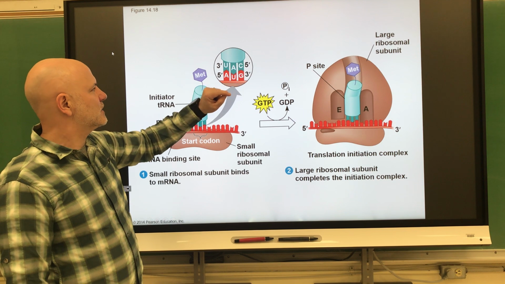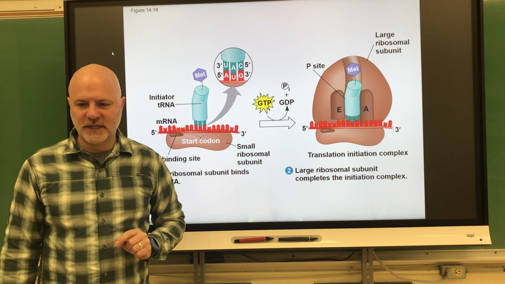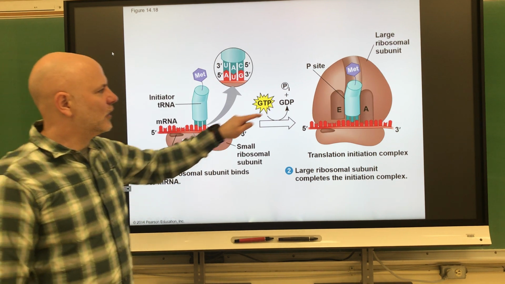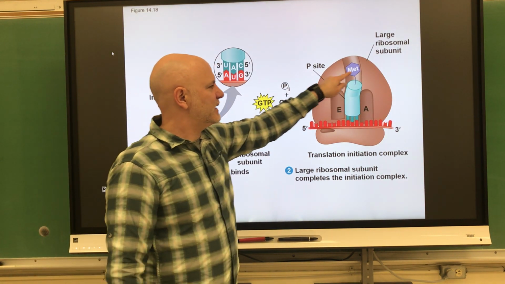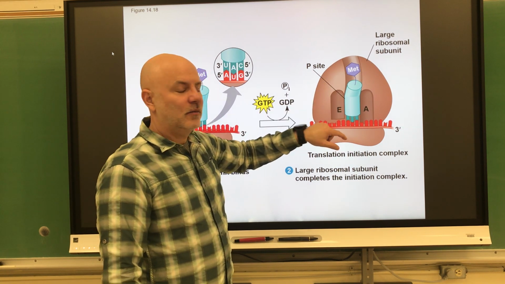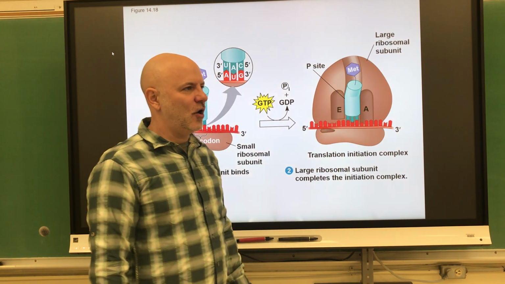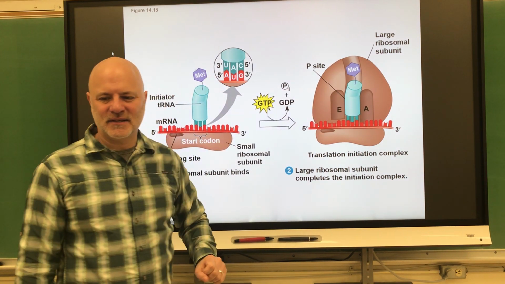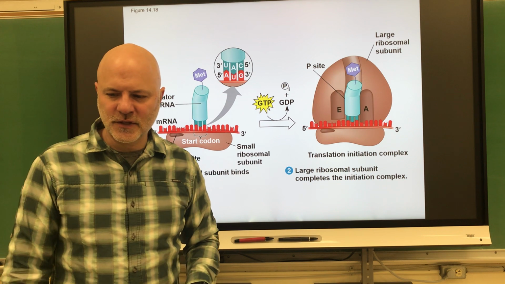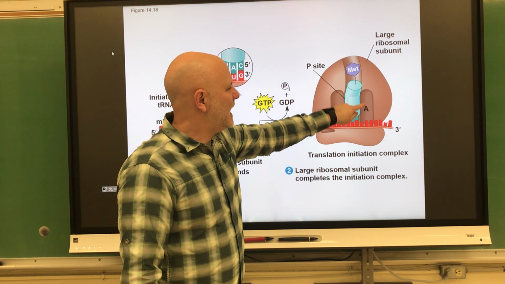AUG was the start codon, so there's the anticodon, and it's carrying methionine on the other side. Then the larger ribosomal subunit will attach here, at what is known as the P site, which is one of these binding sites for transfer RNA. The A site is open. The E site is just like the exit site. So the transfer RNA is at the P site, the A site is open.